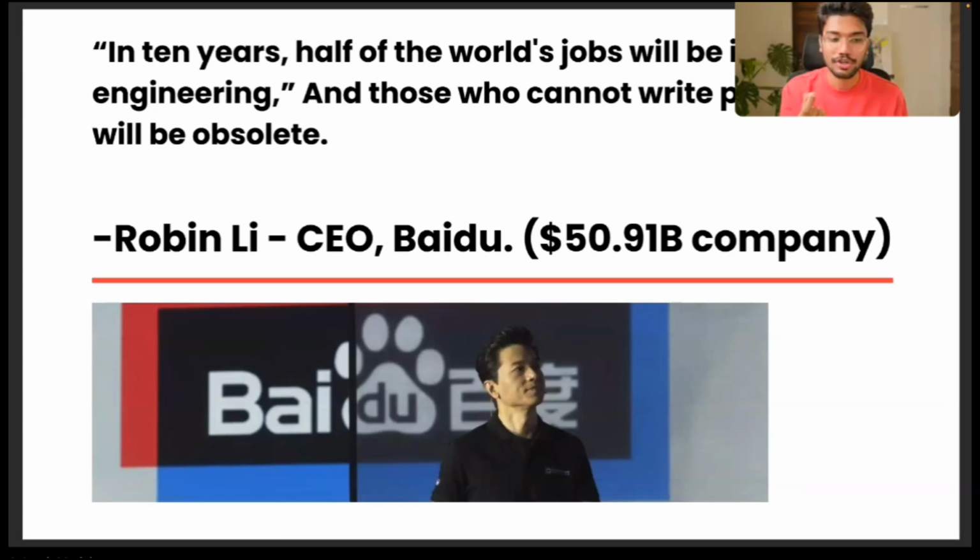That means we have 1 billion white-collar jobs in the world right now. Half of that means 500 million people need to upskill with AI to be able to use AI as part of their job. 500 million of them need AI in their workflows. If not upskilled, they could lose their jobs, is what Robin Li says.